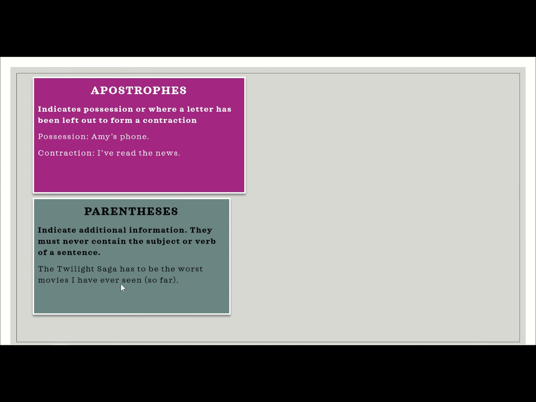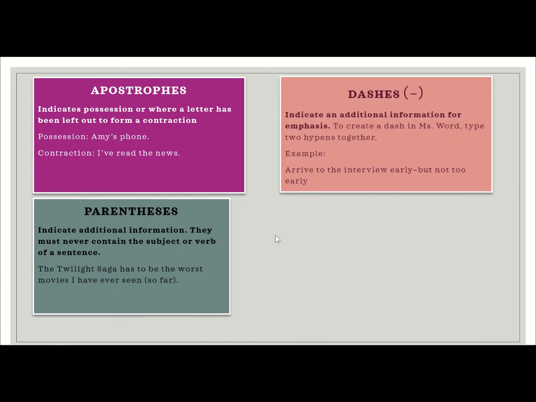Alright. And the next punctuation is dash. Dashes indicate an additional information similar with parentheses and also for emphasis. And if you want to create a dash, you can type 2 hyphens together in Microsoft Word. Okay, in Microsoft Word, just type 2 hyphens together and press the space button, and then the dashes will form.